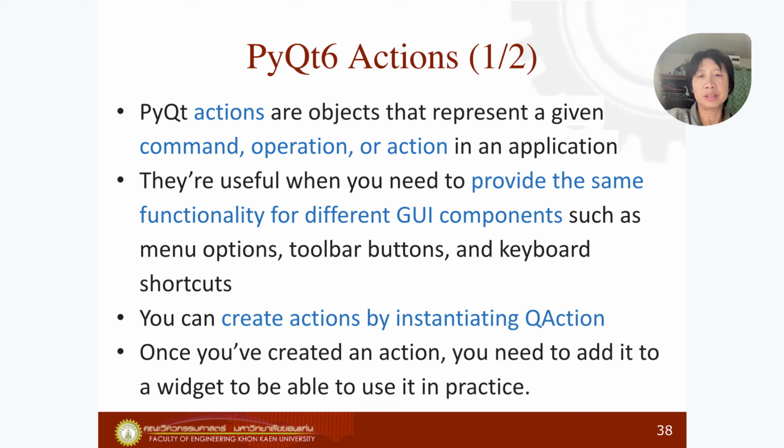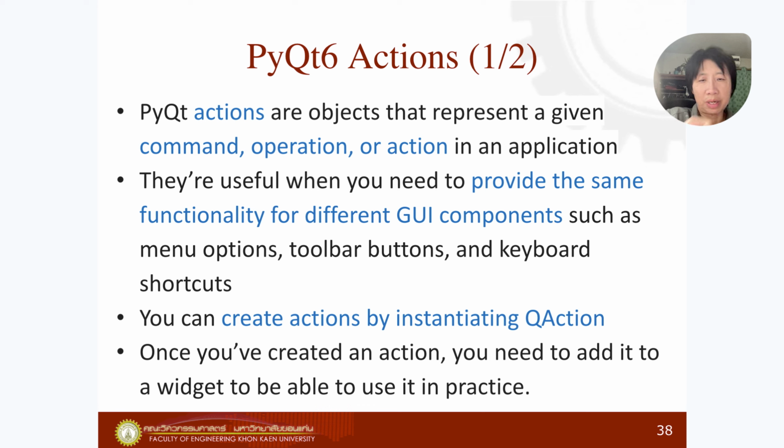And here for the actions, actions are objects that represent a given command, operation, or action in an application. They are useful when we need to provide the same functionality for different GUI components such as menu options, toolbar buttons, and keyboard shortcuts. You can create actions by instantiating QAction.